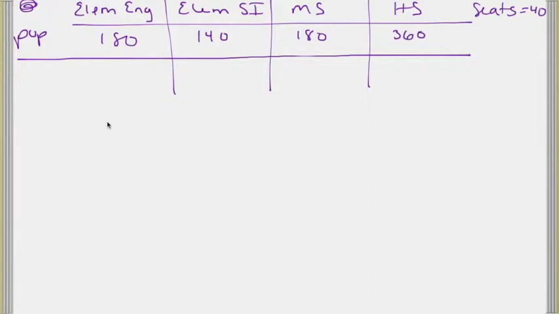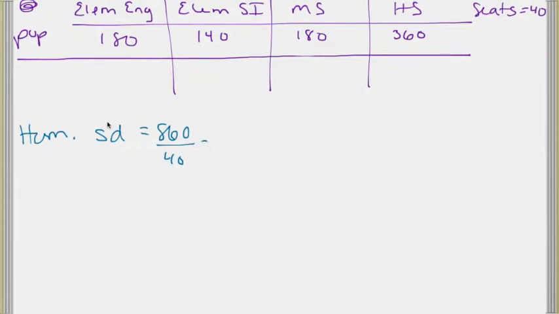So, for Hamilton's method, we need the standard divisor. The standard divisor is the total population. So we need to add up how many kids are in all of North Point, which according to my numbers is 860.